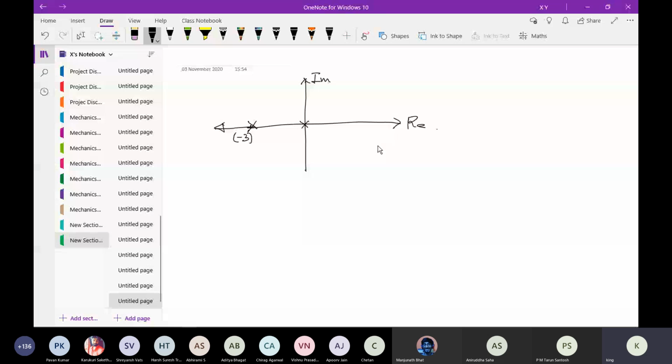We don't have a zero. So based on our knowledge, what can we say? Here, how many? Even number. Here, odd number. So we are definitely going to have a root locus out here.